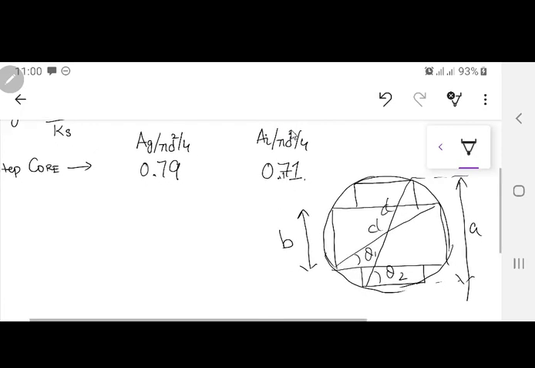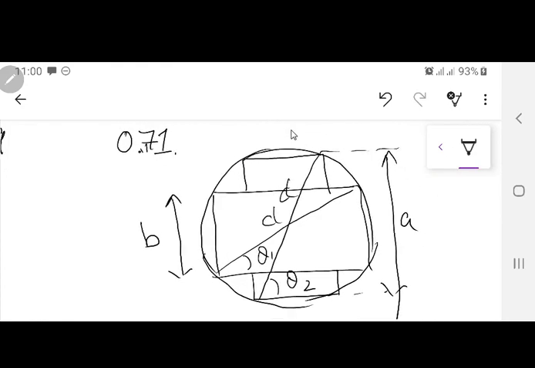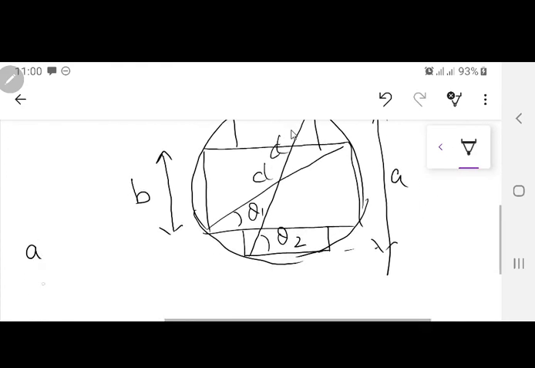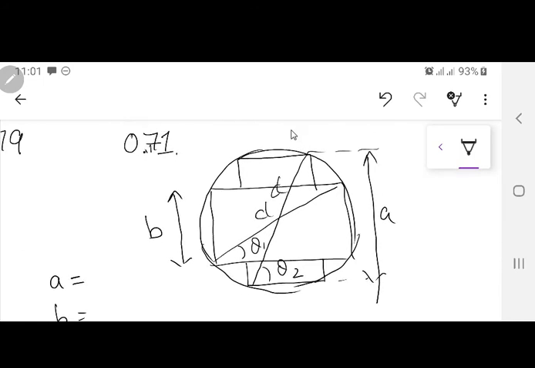Now from this diagram, can you easily tell me A and B in terms of D and the angle, using certainly some trigonometric identity?